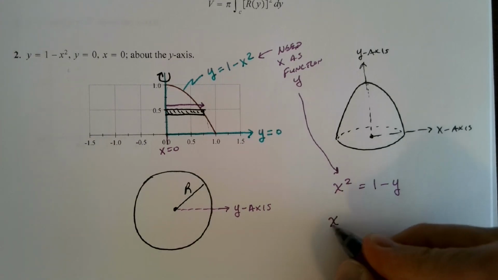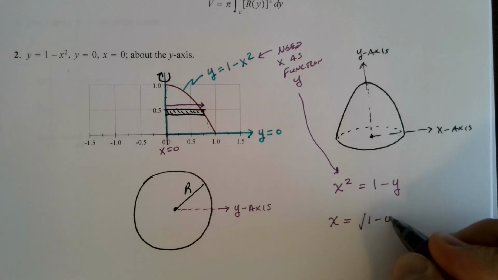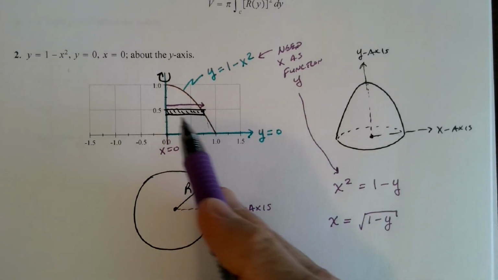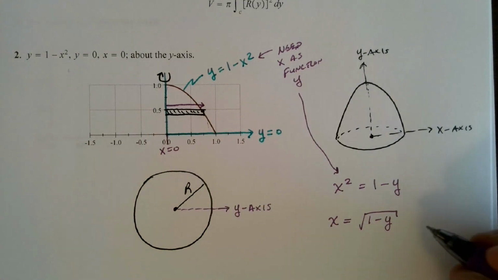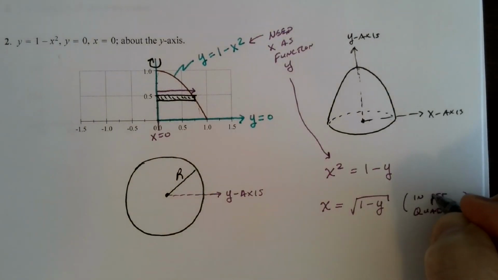Now, normally when I take the square root in an equation, I would take both the positive and the negative square roots, because it could be plus or minus. However, we're in the first quadrant. Therefore, both x and y are positive. So that just reminds us that we're in the first quadrant.